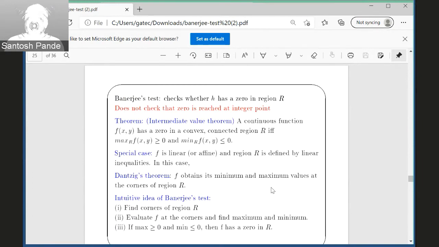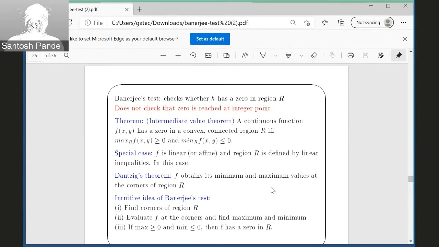Maybe in one evaluation, the min value of this function was 50, and the max value was 100. You can see that there is no zero involved here, because the min value is 50 and the max value is 100. There cannot be a zero in this particular interval, and therefore we can prove independence here.